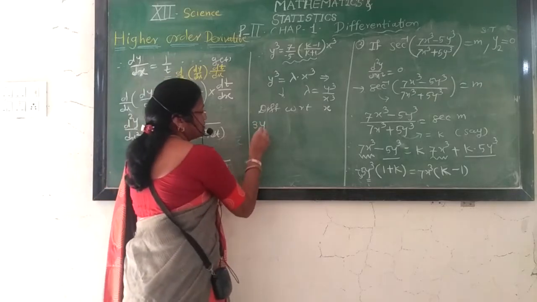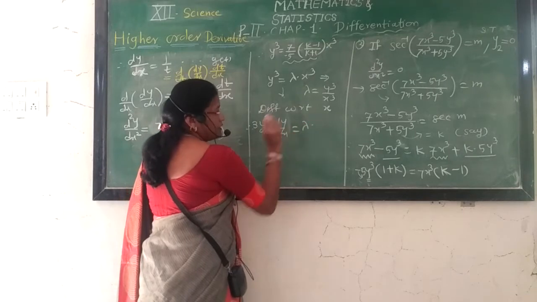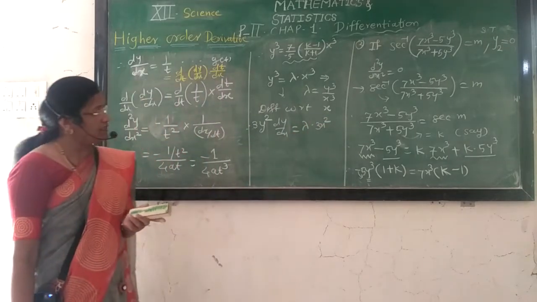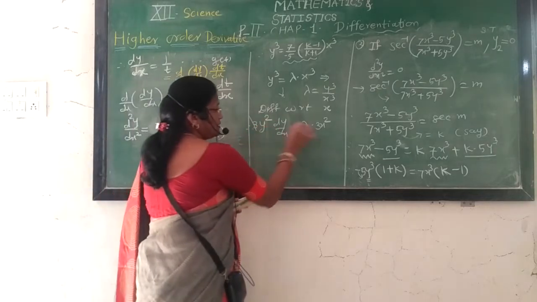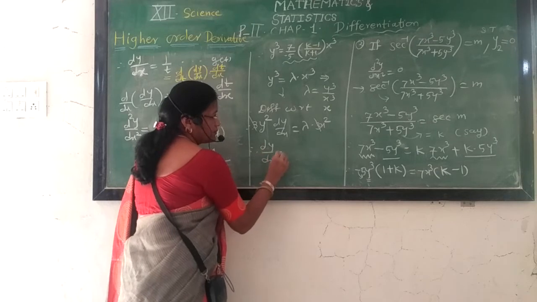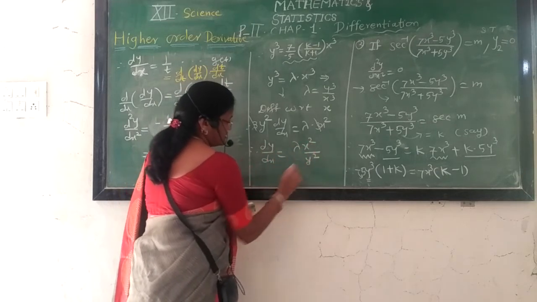So we get 3y square dy by dx, lambda is constant, derivative of x cube with respect to x is 3x square, 3 cancels. Therefore we get the value of dy by dx is lambda times x square upon y square.